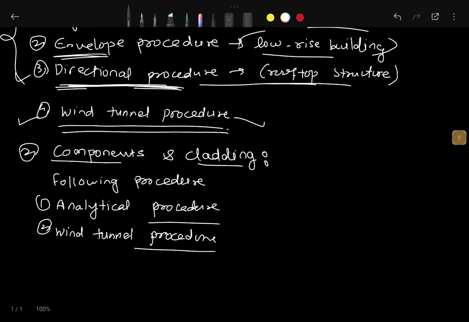These two important procedures, the analytical procedure and the wind tunnel procedure, we use for the components and cladding method.